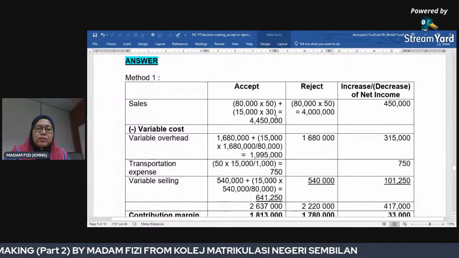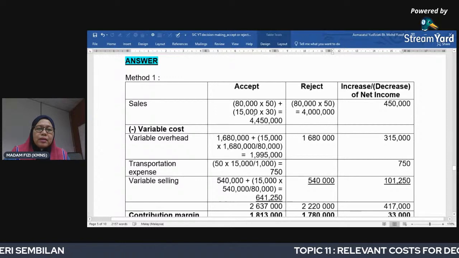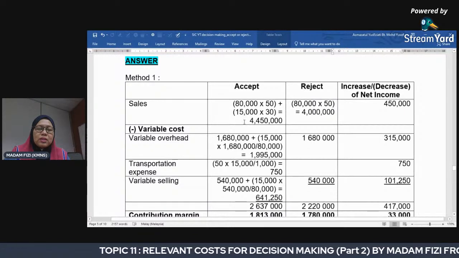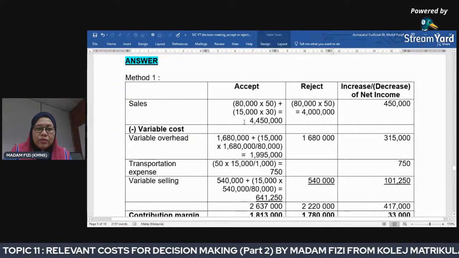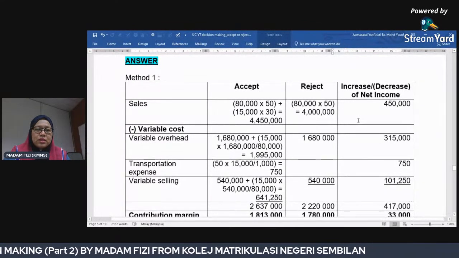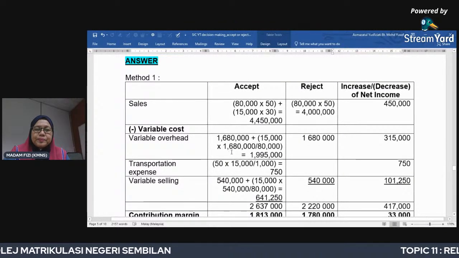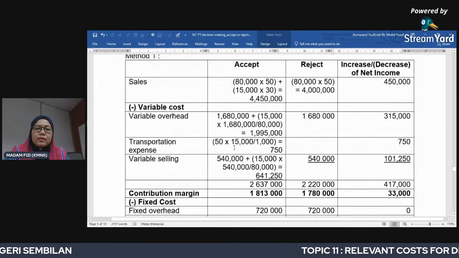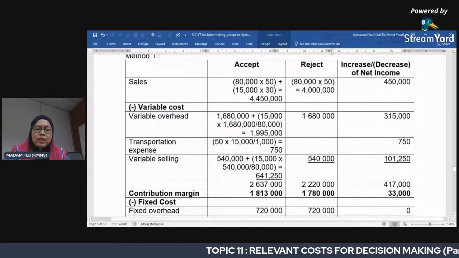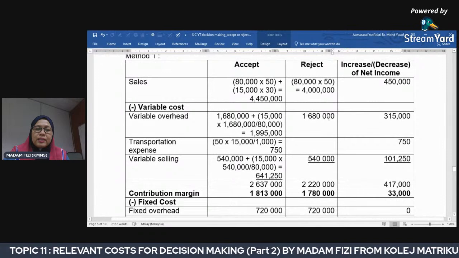For sales, if we reject, the sales is 4 million. But if you accept, you have to add the 15,000 times RM30. So the total sales is 4,450,000. So the difference is 450,000. How about the variable cost? If we reject, the variable overhead cost is 1,680,000.